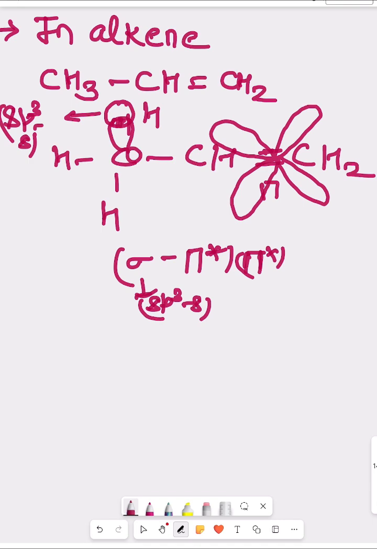There are some special points about hyperconjugation. You must be thinking hyperconjugation is happening in an alkene. Here is a double bond.